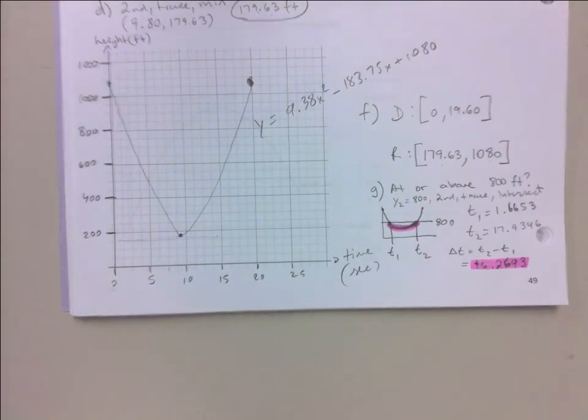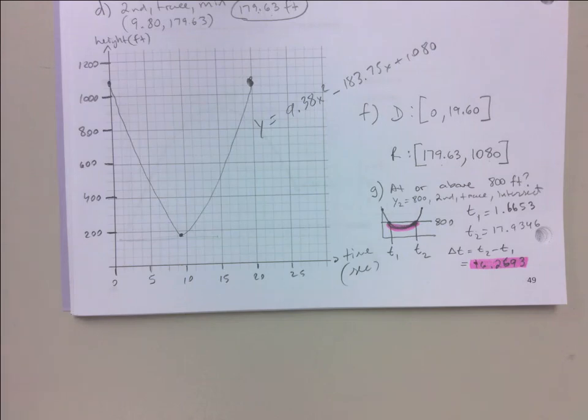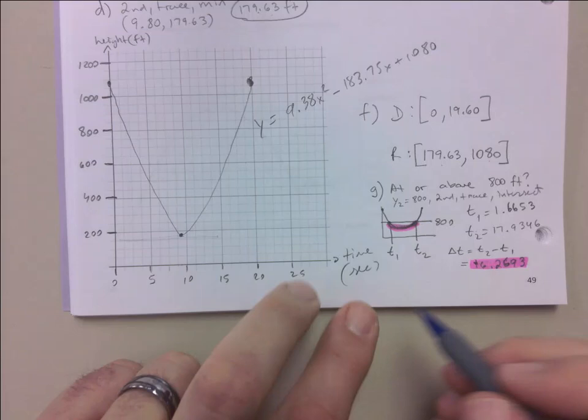What's the total time this stunt lasted? 19.6, right? If we subtract the 16 seconds from the 19.6, we're going to be left with the time spent above it. So that's my approach here.